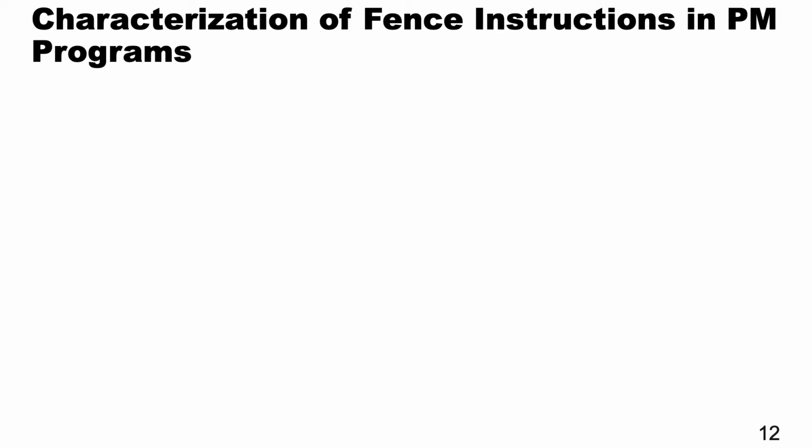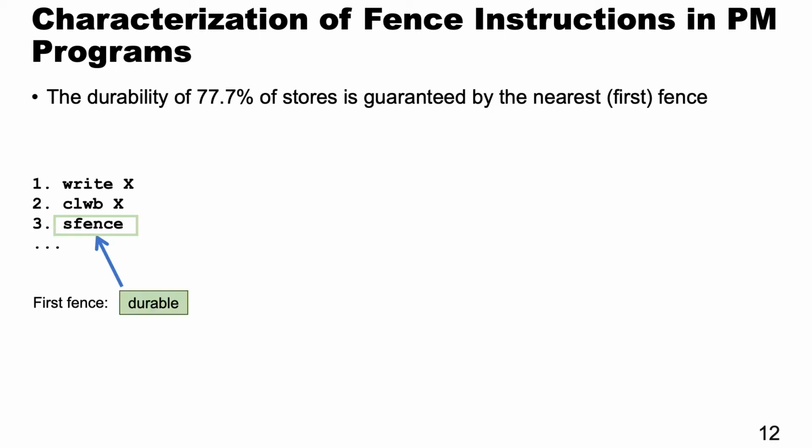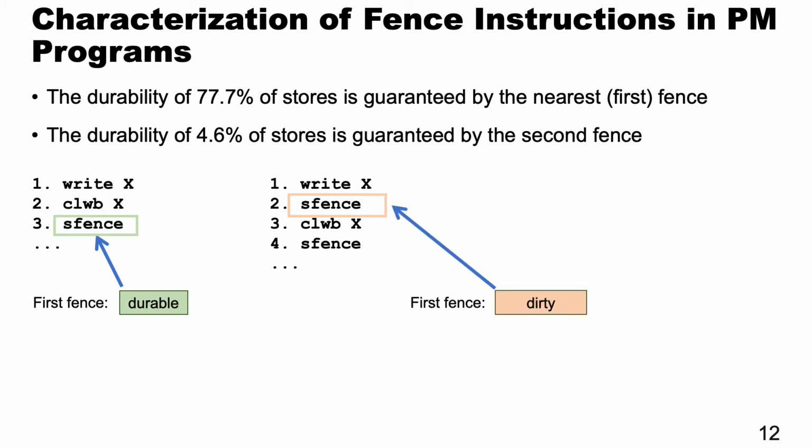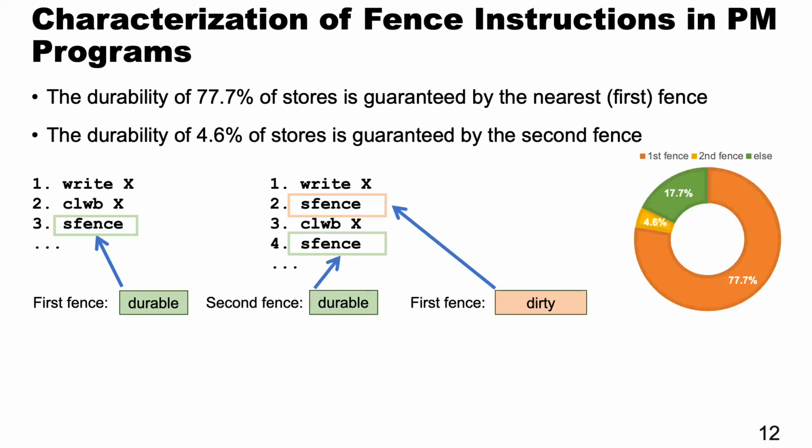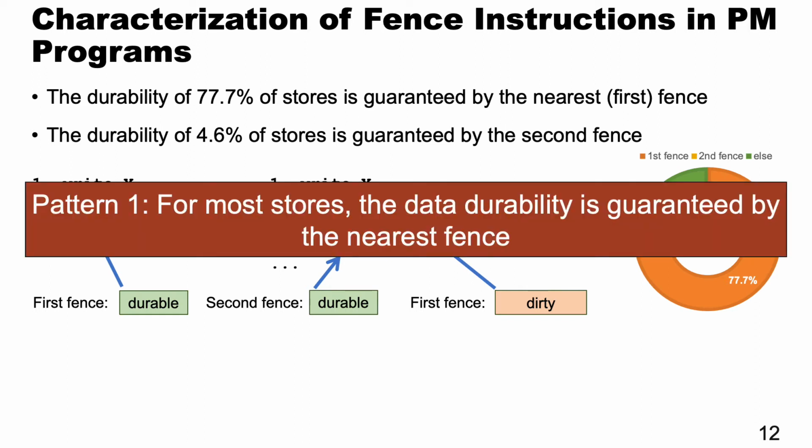We first study the characterization of fence instructions in PM programs. We found the durability of 77.7% of stores is guaranteed by the nearest fence, and the durability of 4.6% of stores is guaranteed by the second fence. Based on the above observations, we identified the first PM program pattern.